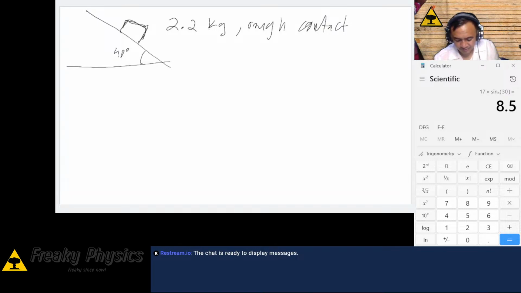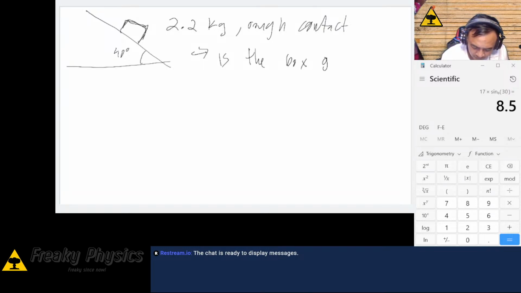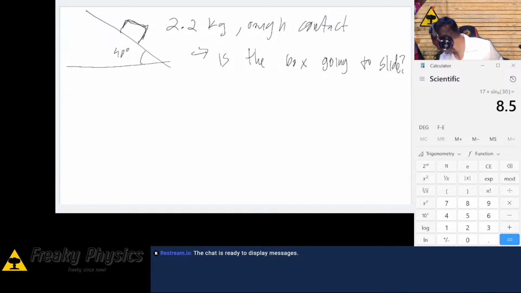I'm going to try something now, see if this is going to work. So there's rough contact. Is the box going to slide or not? We'll see. As you solve that, I will look for some paper so I can do some paper and pen solving. Hold on.